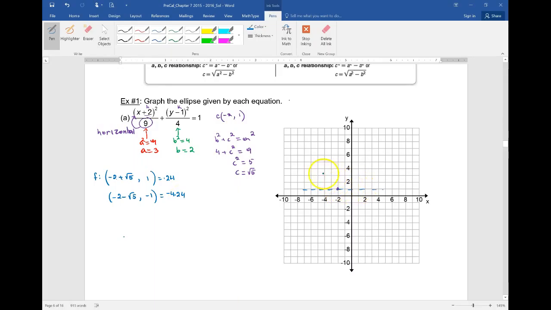One is to the right and one is to the left. So you have to add root 5 to go to one focus and subtract root 5 to go to the other focus. Oh, about this one? Oh, they should both be a positive one, actually. Not negative one, positive one. All right, so let's plot the foci here. So one is at 0.24, comma 1, and the other one is negative 4.24, comma 1.